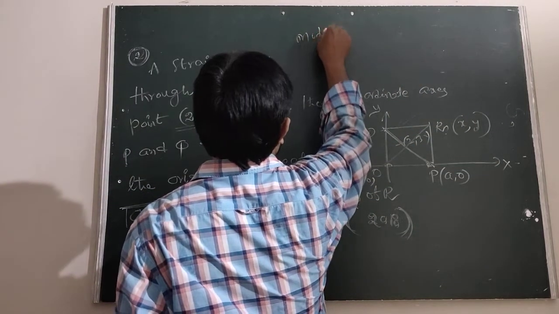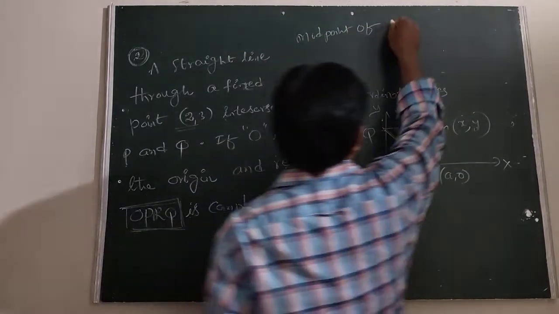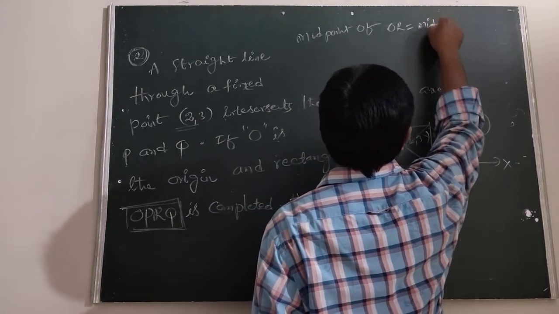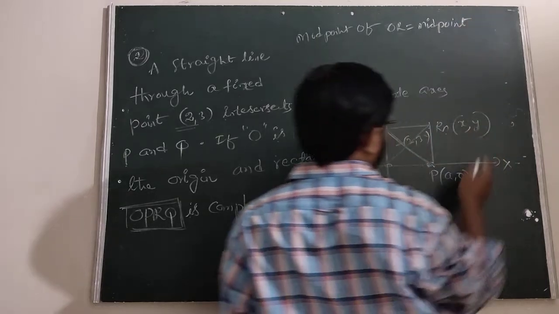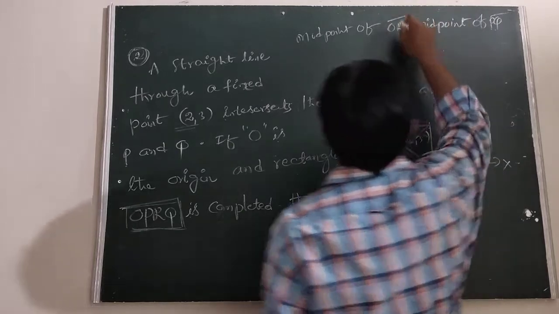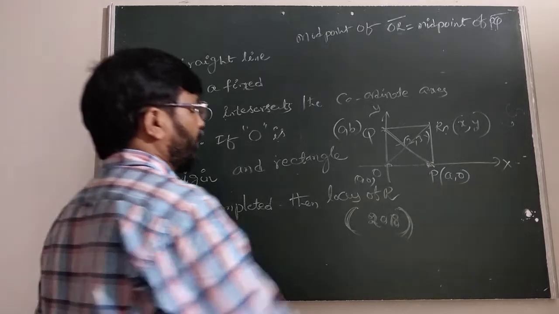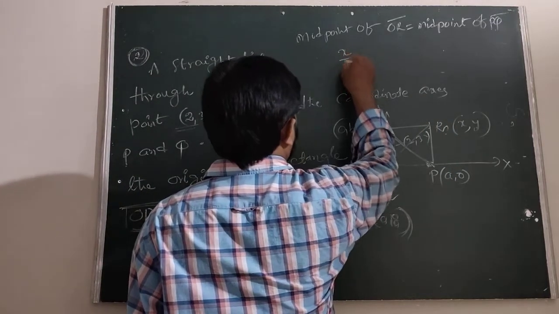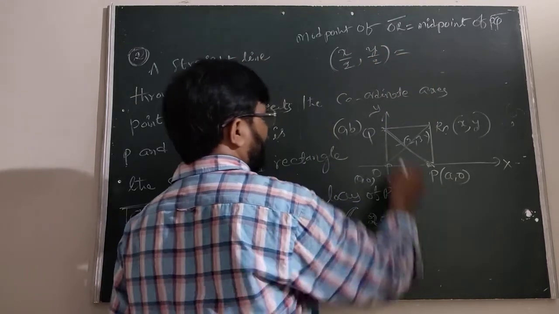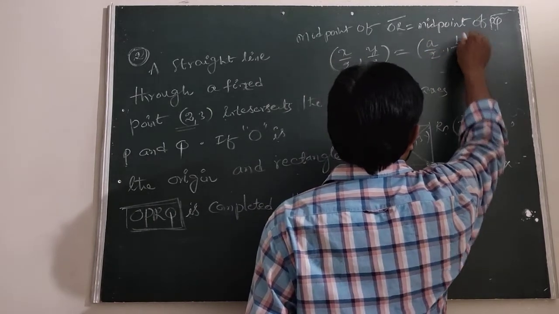First we write the midpoint of OR equals the midpoint of PQ. Is it clear? The midpoint of OR is (x/2, y/2). The midpoint of PQ is (a/2, b/2).